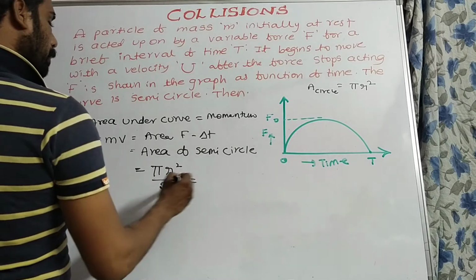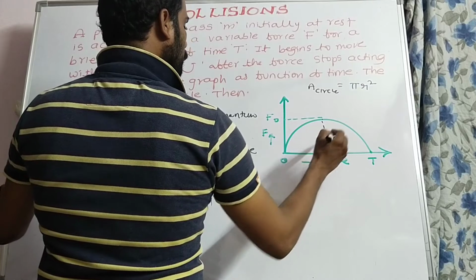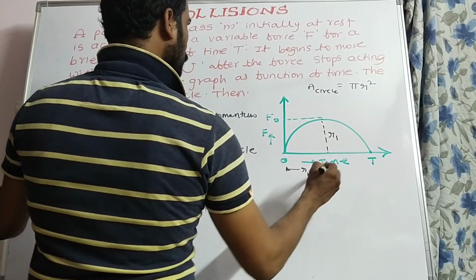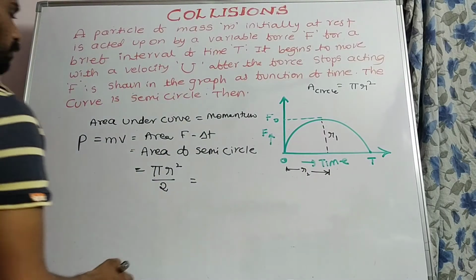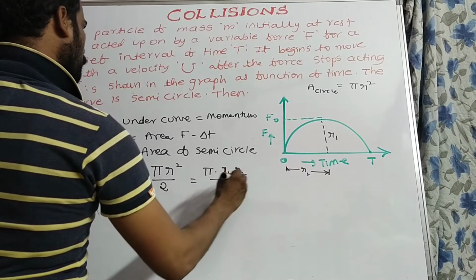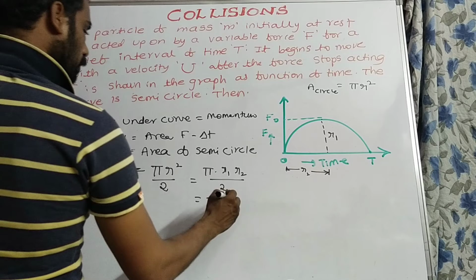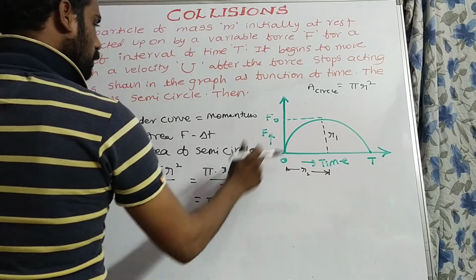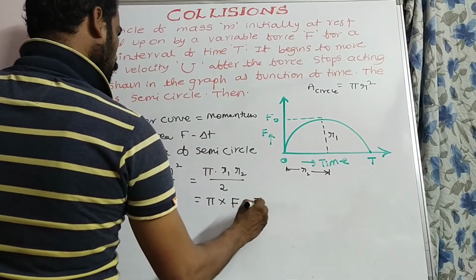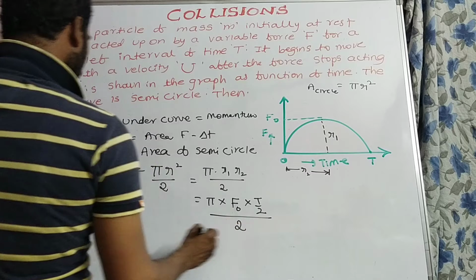You can write this as pi into r1 into r2 by 2, where r1 is f naught and r2 is t by 2. So that is pi into f naught into t by 2 by 2.